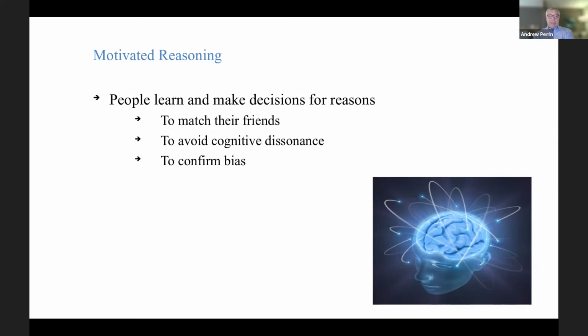People may learn and make decisions in order to confirm existing biases. If I tend to believe one set of facts or claims, we know confirmation bias is a really strong process in which people interpret new information mainly in ways that tend to confirm their own biases.